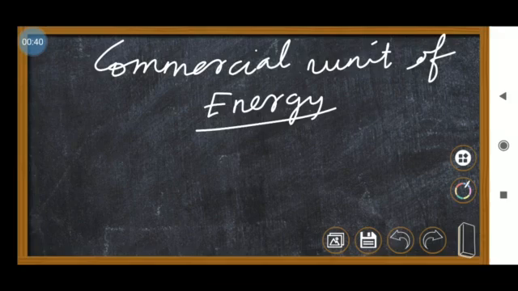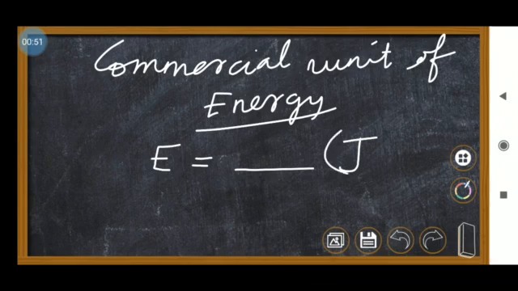We know that, as I said in my last class, energy is measured in terms of joule: 50 joule, 20 joule, whatever it is. But the joule is too small. When you are representing the energy consumption of electric devices, in the practical way we use a higher unit of energy, the kilowatt hour.